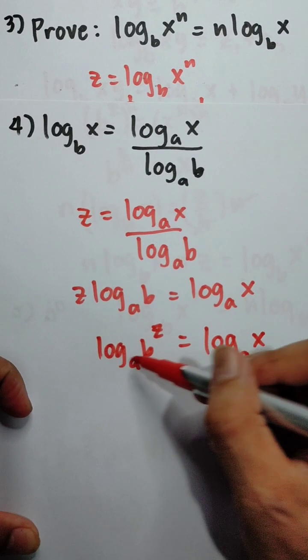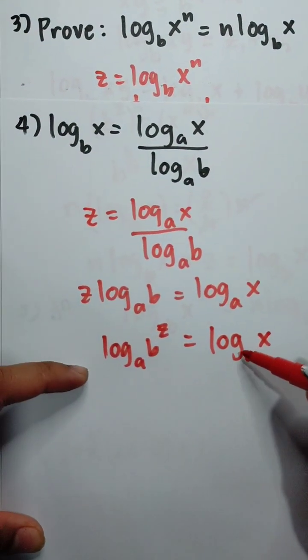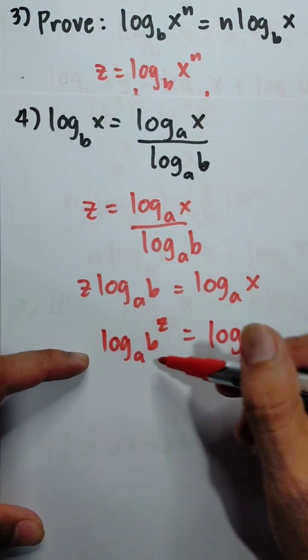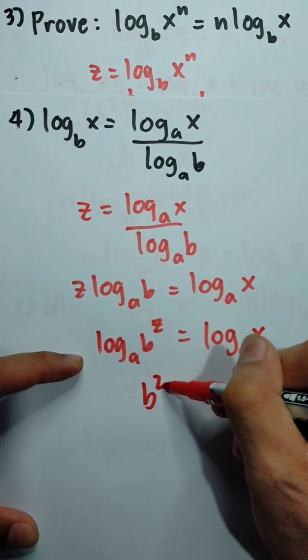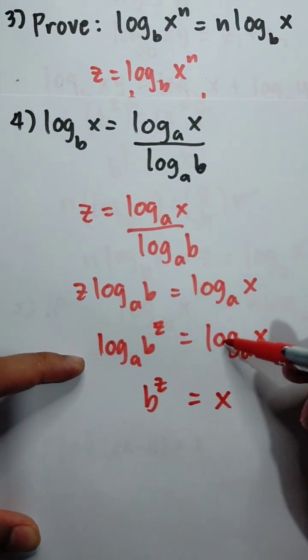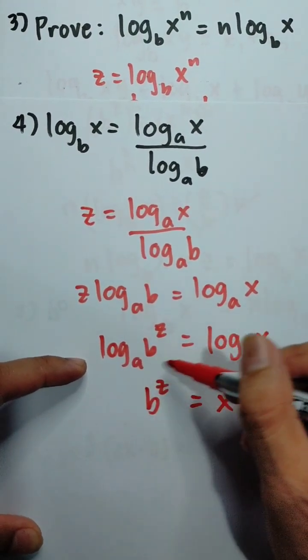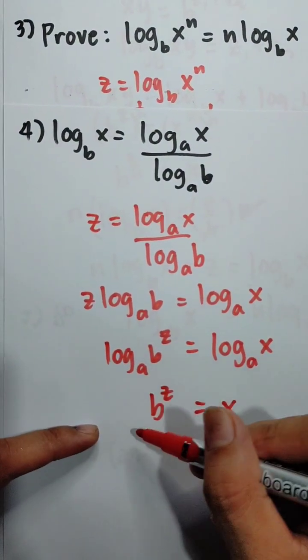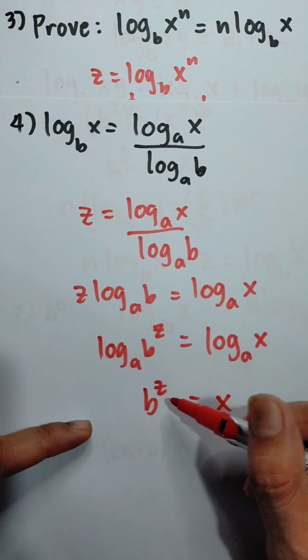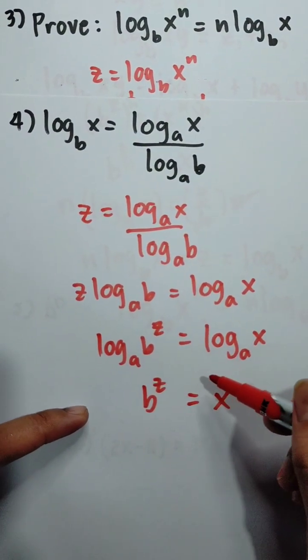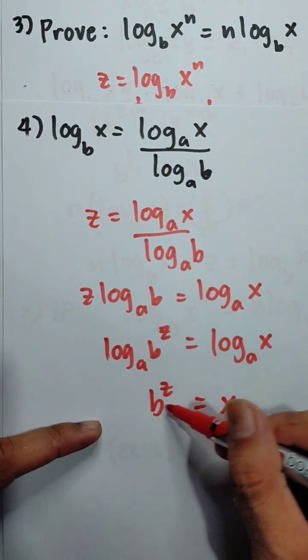Now since we have a logarithm on both the left hand side and right hand side, this implies that b to the z is equal to x. We can have a separate video proving that this implies this. Okay, next let's apply the definition of logarithm again with respect to this exponential equation.